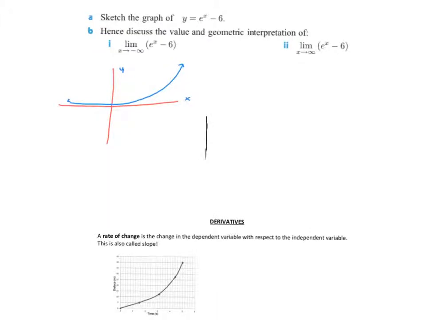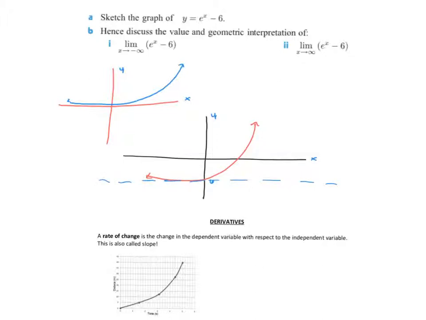So I'm just going to see what that looks like. Say 6 is somewhere down here. I know from my study of exponential functions that's a horizontal asymptote, right?